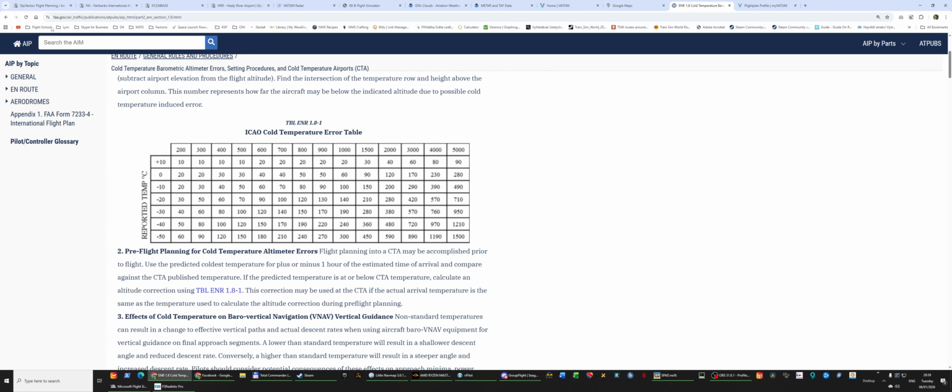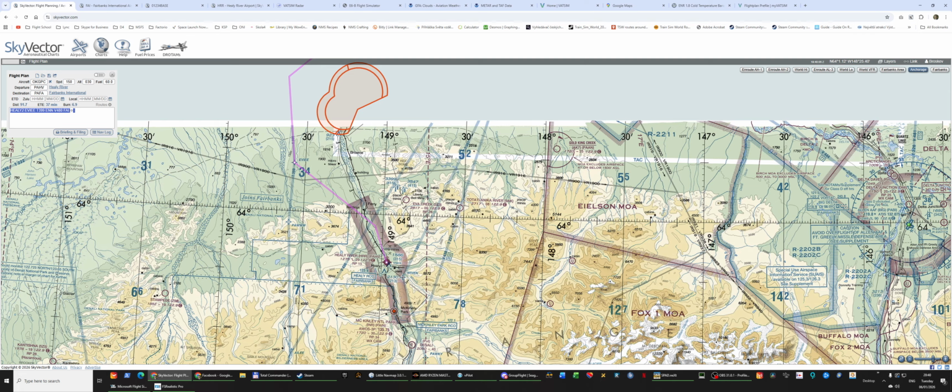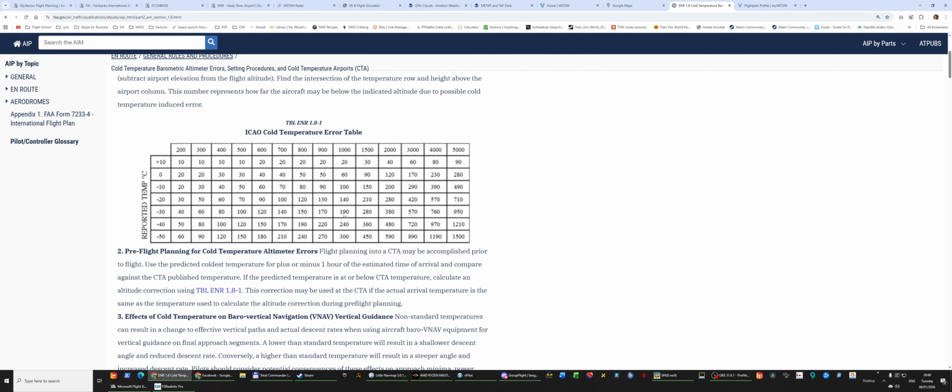So if the airport elevation of our departure is, let's see, 1,275, then if our altimeter reads 2,275, that means that we are in fact 190 feet lower than we think, right? So we are not at 2,200, but we are at 2,075, let's say. And how it works is that we should basically add this figure to our minimum altitudes that we need to fly. Example.